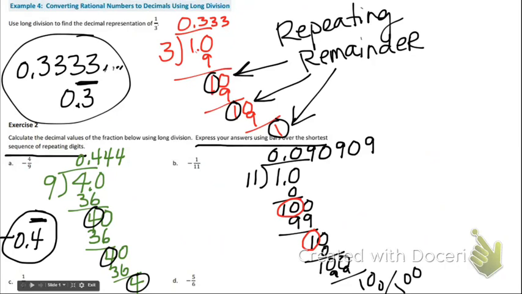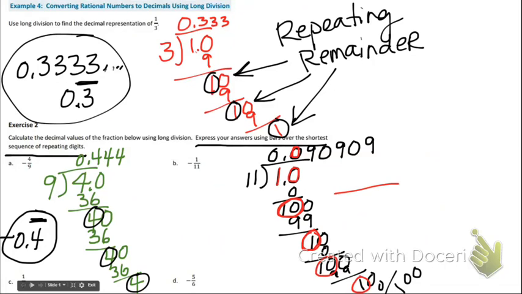The first time I try to divide 11 into 1, it doesn't fit. There are no tenths right there. So then I go down and I end up with a repeated remainder of 10. Then 1 comes up, and then 10 again, and then 1 again.